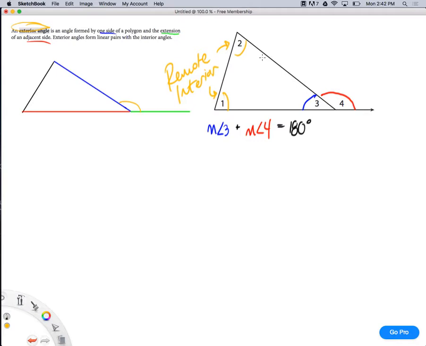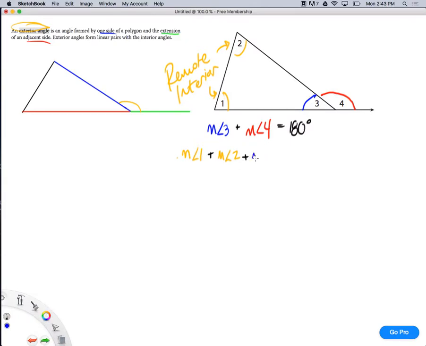So what do I know about those two remote interior angles and angle 3, angles 1, 2, and 3? What do I know about them? They add up to 180 as well. So another statement that I can make here is the measure of angle 1 plus the measure of angle 2 plus the measure of angle 3 equals what, class?